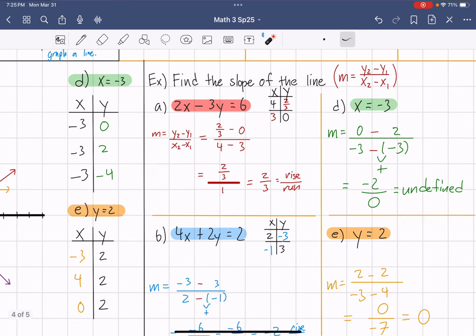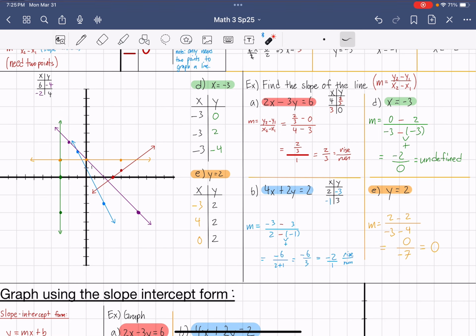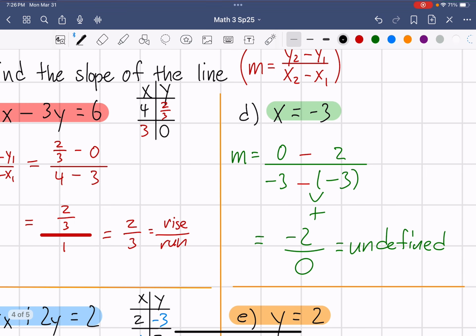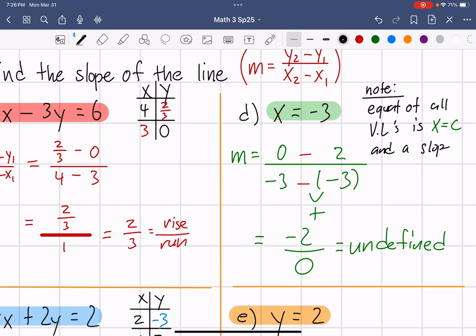So, something to note, maybe I should note this here. Make a quick note on the side. The equation of all vertical lines is x equals some number and a slope that is undefined.